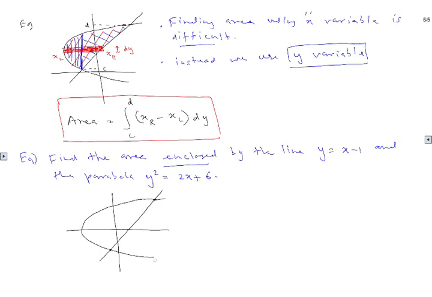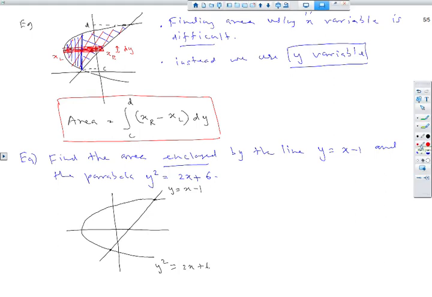So now what's the next thing? We drew the line here. The line is y equal x minus 1, and the parabola is y squared equal 2x plus 6. There are two things to do. The first thing is we need to solve for x, because we need to find how the typical rectangle looks now.